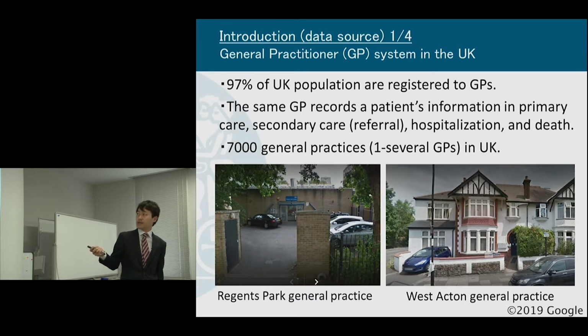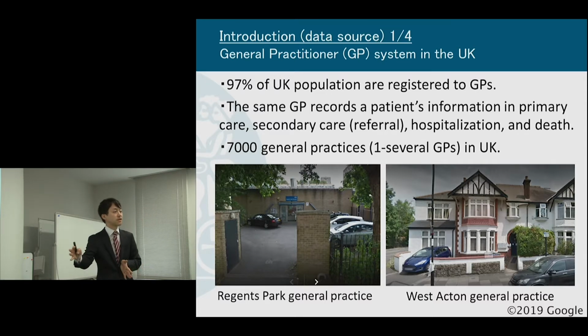And by this system, the same GP records a patient's information in primary care, secondary care, referral or specialist consultation, hospitalization, and death. So in theory, a patient can be followed up continuously for his or her life.